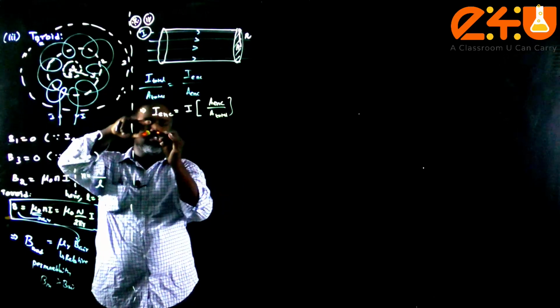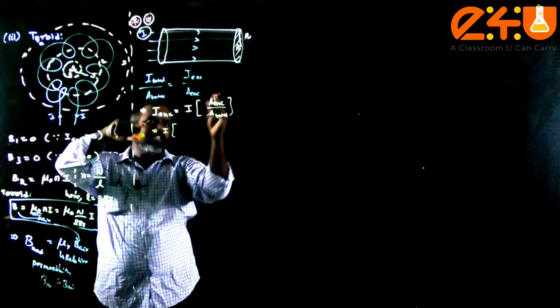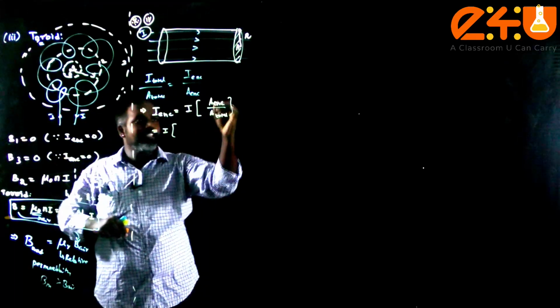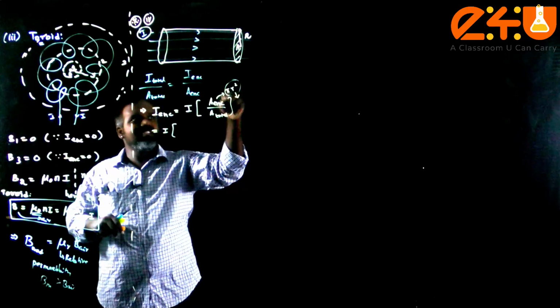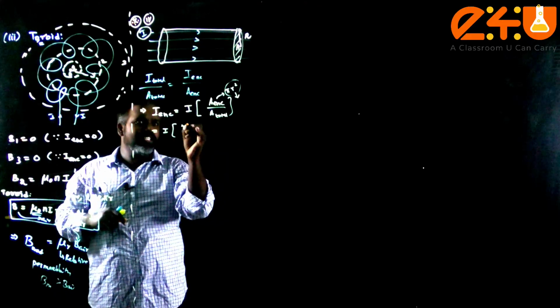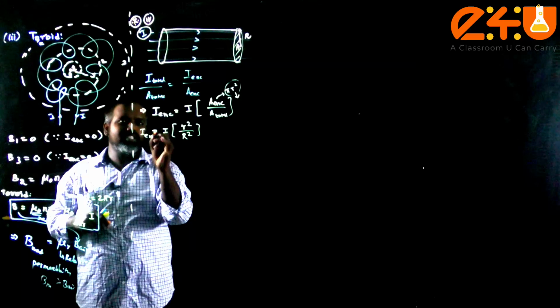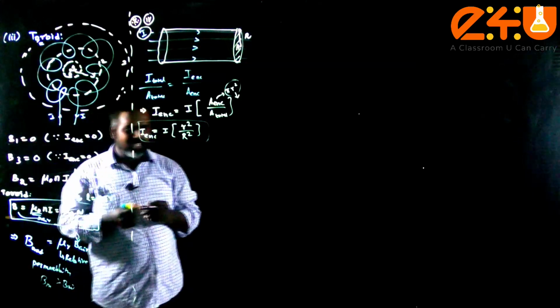Let us consider the radius of the wire to be capital R. Area enclosed is pi into small r squared, where small r is the radius of the Amperian loop we consider. So I enclosed is equal to I into small r squared divided by what, children? Capital R squared. This is the I enclosed equation, which is very important for the discussion.